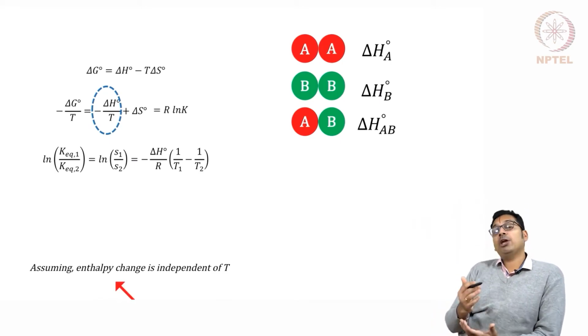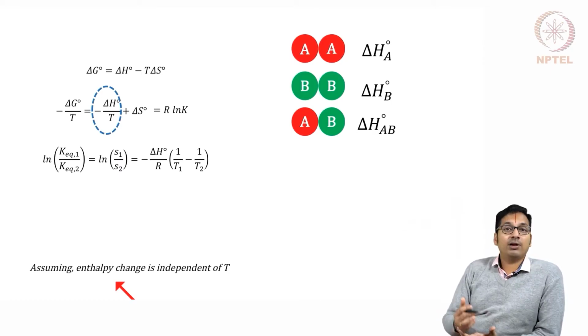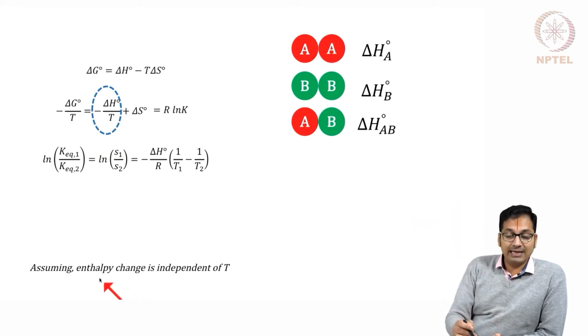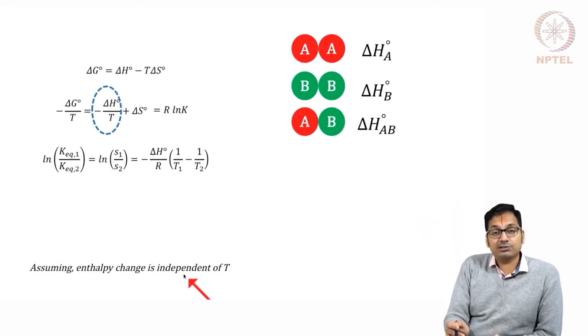But that does not mean you cannot have any assumptions in your experiment, because some experiments have an inherent limitation in that you cannot afford to measure the changes that might end up happening. For instance, in this case probably we are insensitive to the changes of delta H naught as a function of temperature, or maybe delta H naught does not change at all.